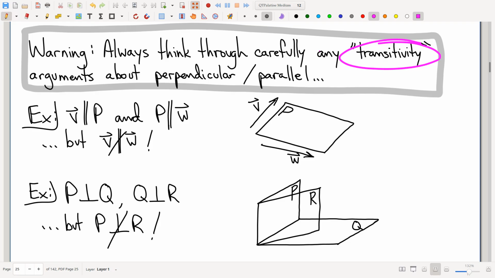Sometimes it's parallel and parallel, and you want to conclude something. Sometimes it's perpendicular and parallel. There are bazillions of different ways that one could imagine transitivity arguments between these kinds of objects involving these kinds of relationships. I can't write them all down in any practical sense. If I did, you would never be able to remember all of them.